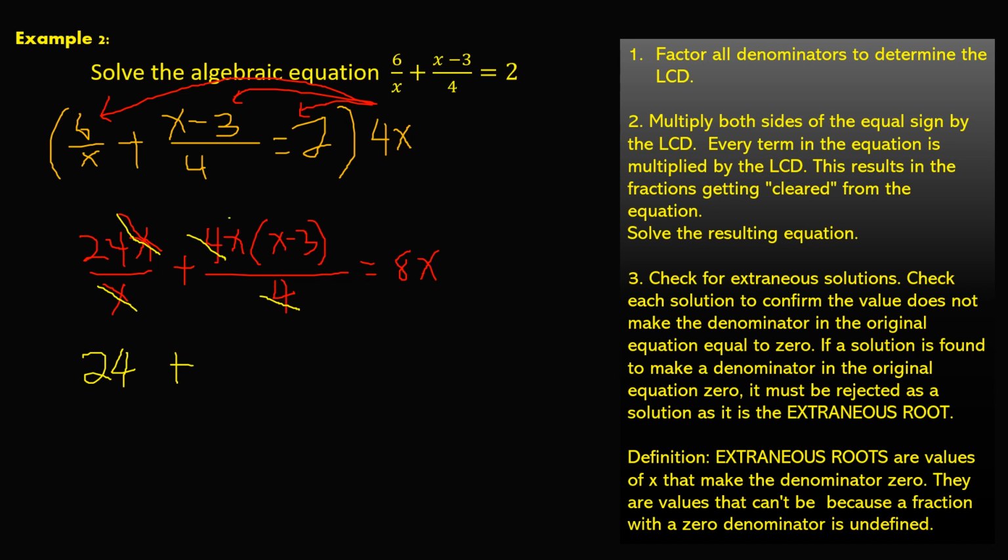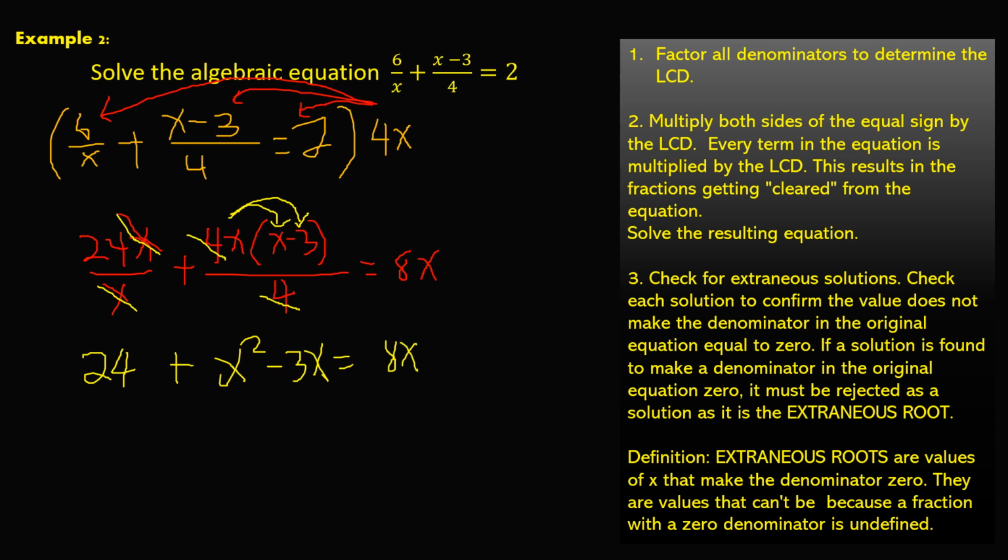So x is the remaining multiplier to x minus 3. We have to multiply it and eliminate the parentheses. So we have x times x is x squared, and x times 3, that's 3x, equals 8x.